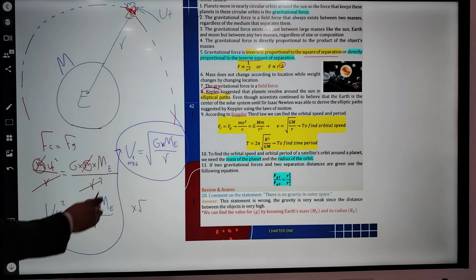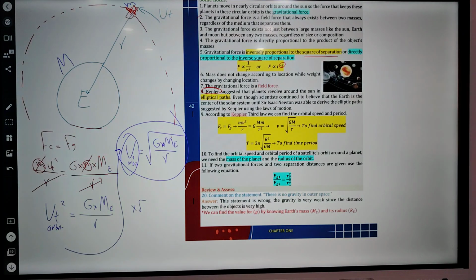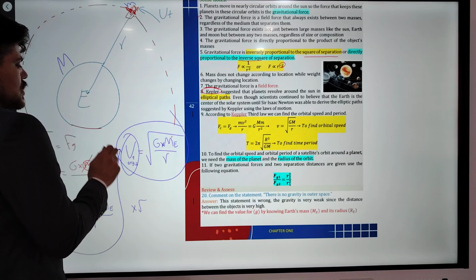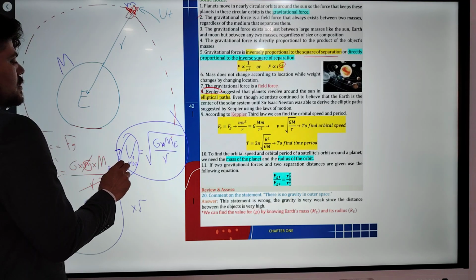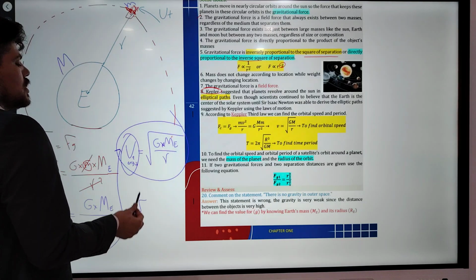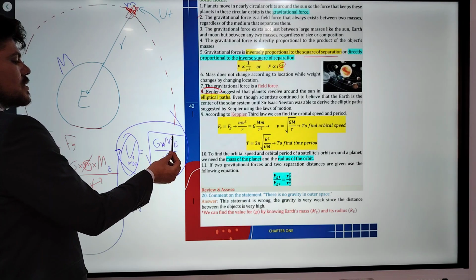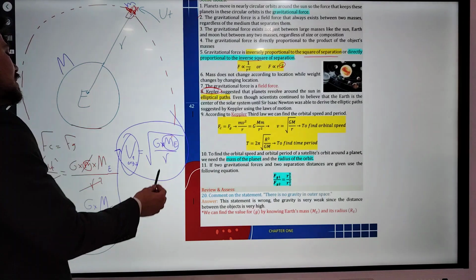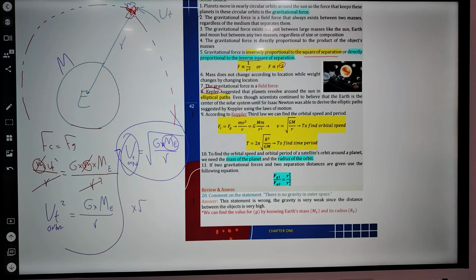So this equation can be used for every planet which is orbiting around the sun. We can conclude that the tangential or orbital speed of the planet or the artificial satellite depends on two factors: the mass of the planet and the distance between them.